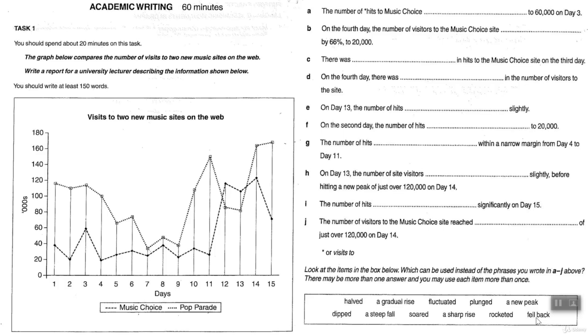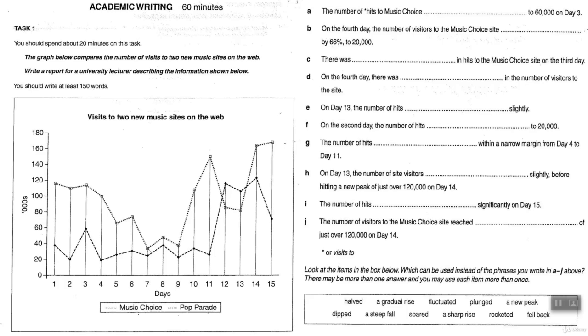We're going to choose fell back because it fell, and we can't say fell sharply either because it says by 66%. So we choose fell back by 66% to 20,000.